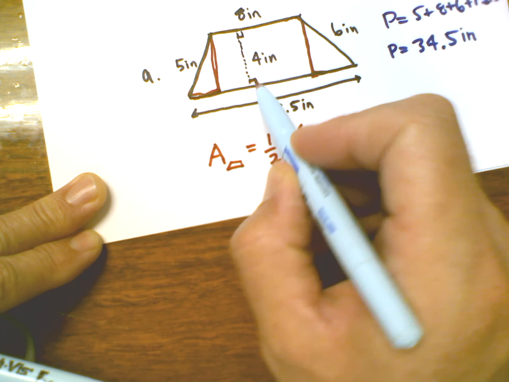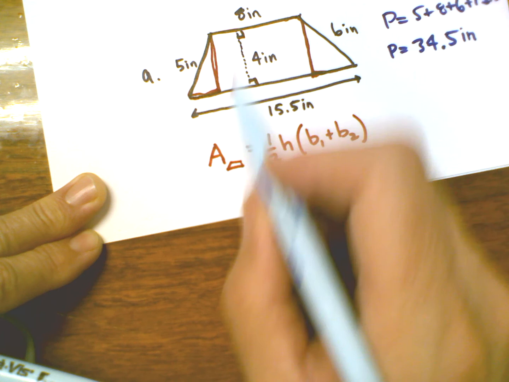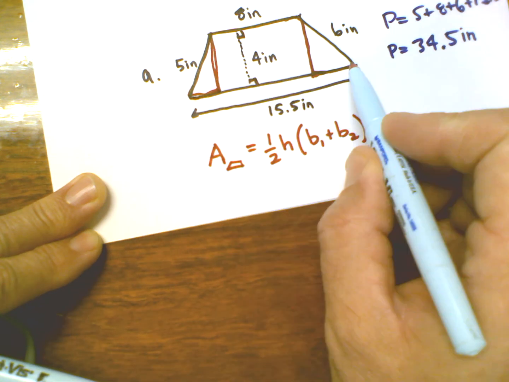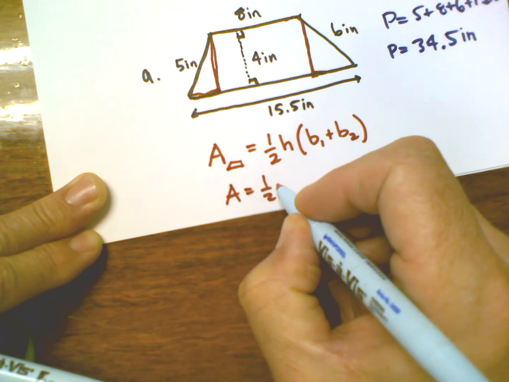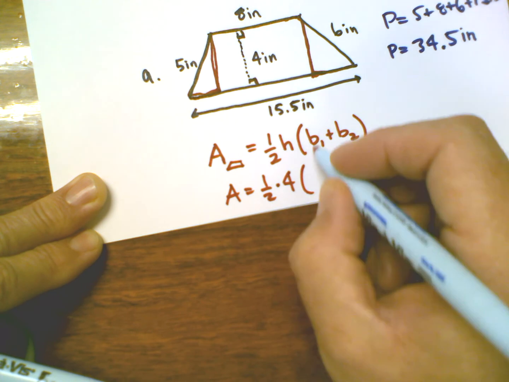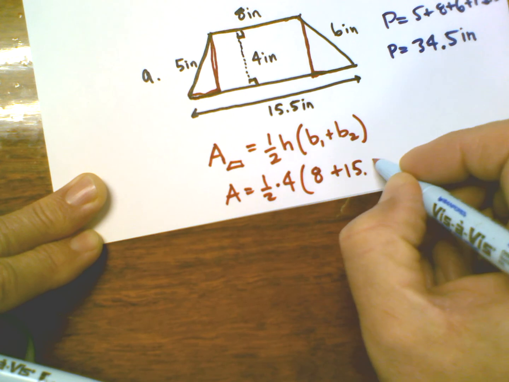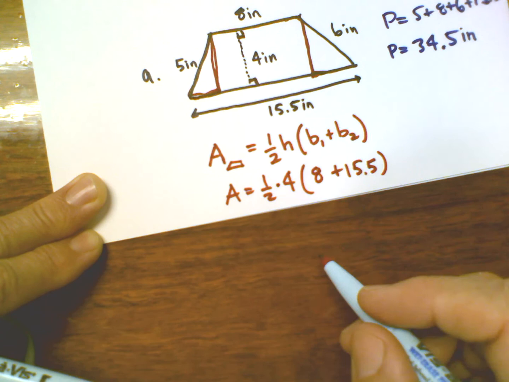Both of them are perpendicular. See how that's perpendicular? Both of the bases are perpendicular to the height. So I would add that plus that. So I have the area is going to be 1/2 times 4, because that's my height, times base 1 plus base 2. And it doesn't matter which one's base 1, which one's base 2. You're going to add them up.